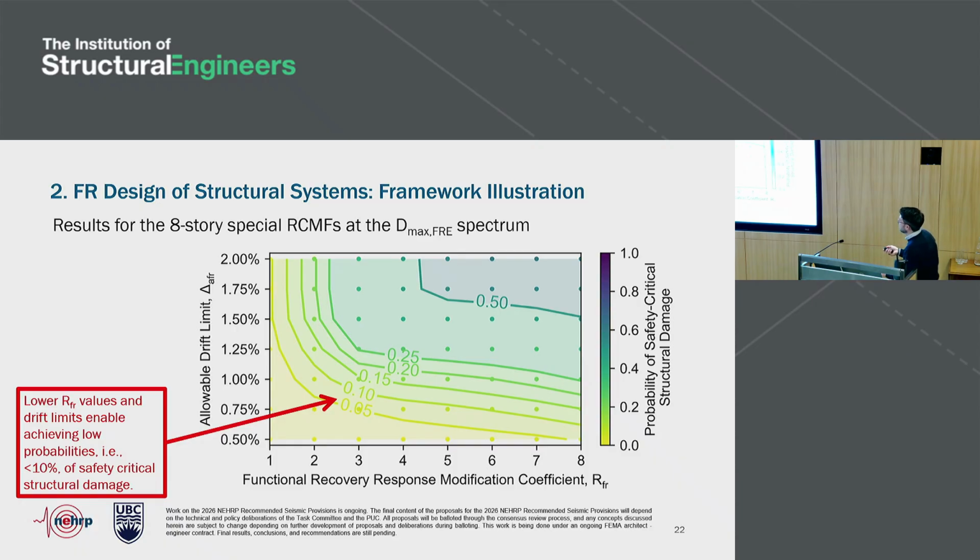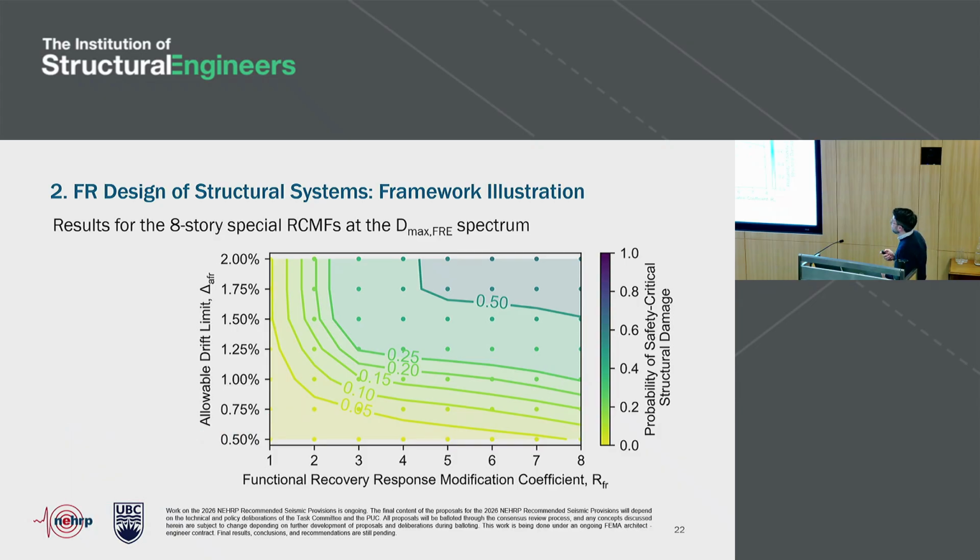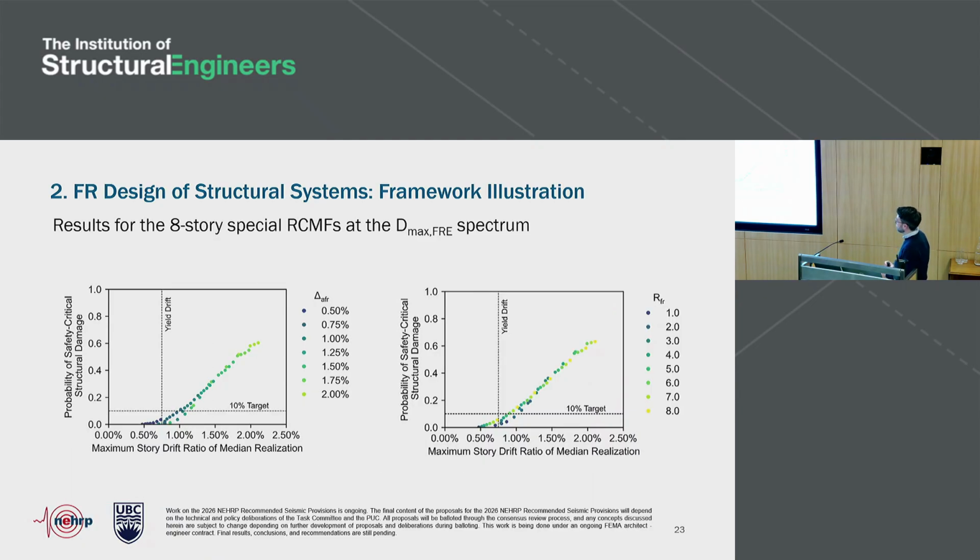So it essentially gives you a sense that they don't vary with R, and that's because they're controlled by drift. By contrast, if you look at very low values of RFR, these lines are vertical, and that gives you a sense that they're effectively not varying with drift because they're controlled by strength, right? They're controlled by the low values of R, which impose significantly high strength in those designs. So also, useful info that you can tease out from these figures.